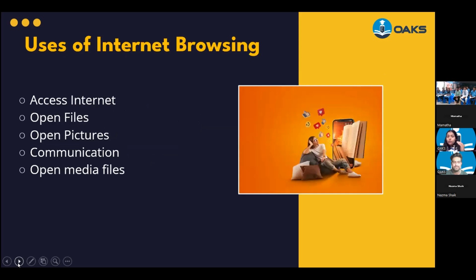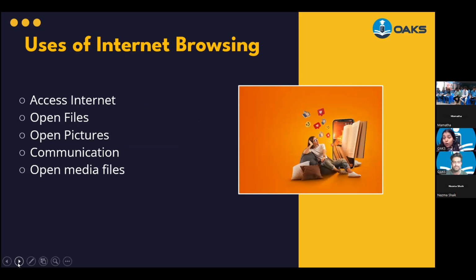All right. Uses of internet browsing. Why do we use the internet? To access the internet, very first thing. I really want to enjoy everything that is there on the internet, right? So I will be searching that. Opening files, just the way if I had clicked a certain kind of file, then it would have opened. For instance, this PPT file, maybe I can open that. Open pictures. Maybe I want various kinds of pictures.